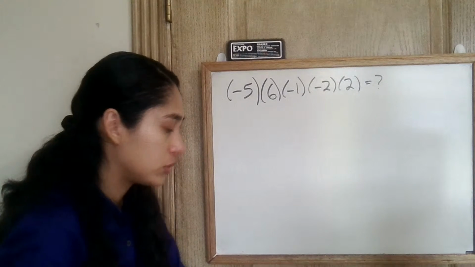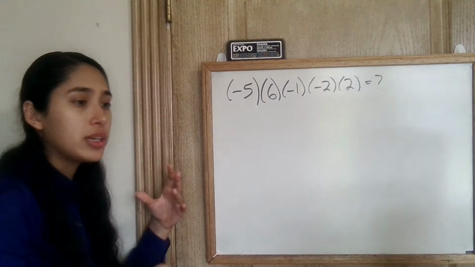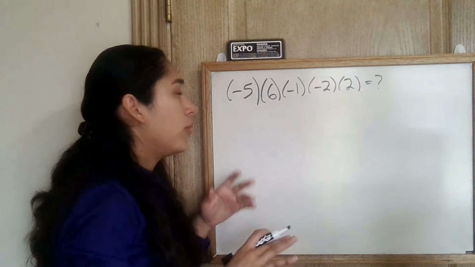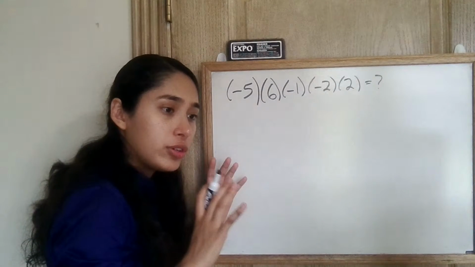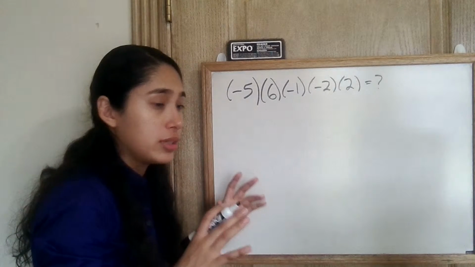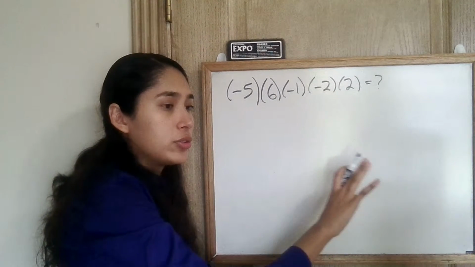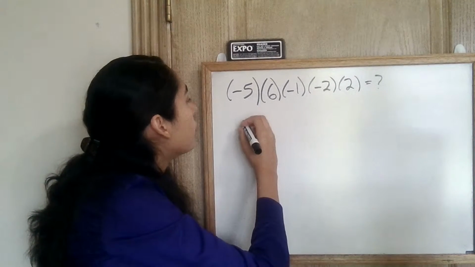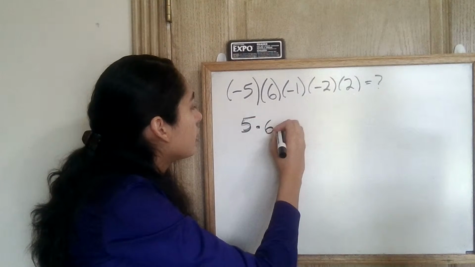There are multiple negative signs and multiple positive signs. Like we did in the previous question, we can deal with the actual numbers first, and then deal with the signs. Or you can group them accordingly and then do your work. So let's just do 5 times 6.